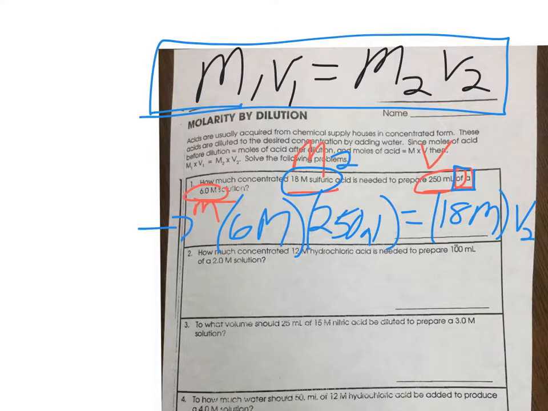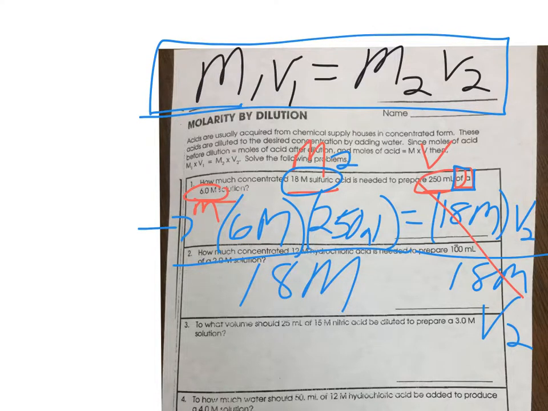The 18 molarity, very good. Because we want the V2 by itself, you divide by 18 molarity. That cancels that out. What you do to one side, you must do to the other side. Very good. Okay, so 6 times 250 equals, and then you're going to divide by 18.